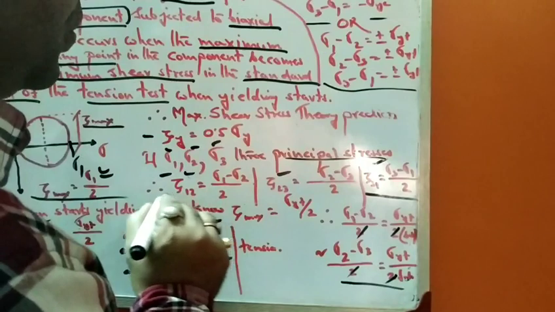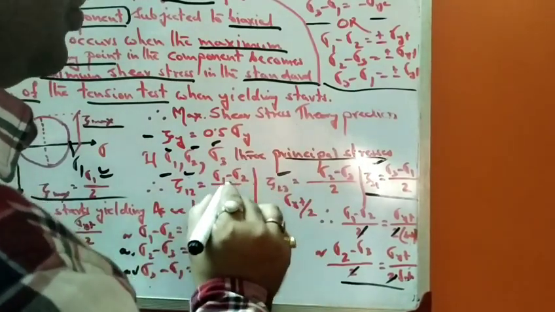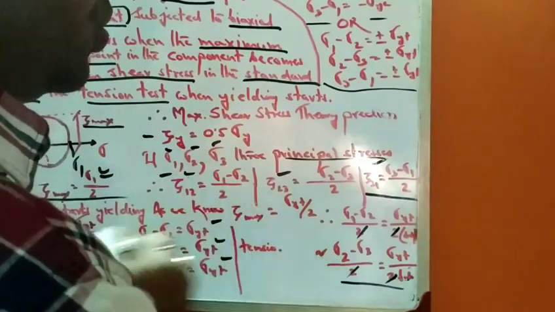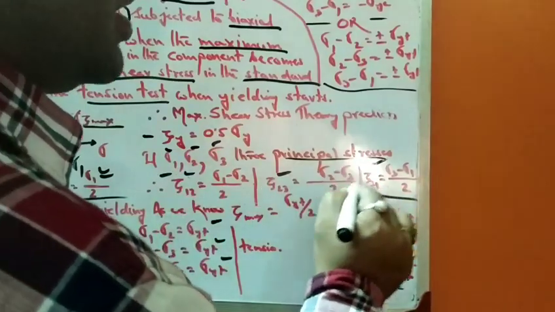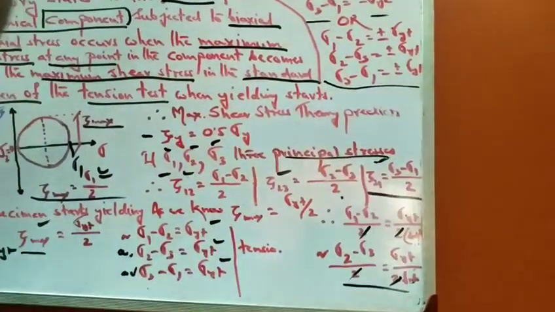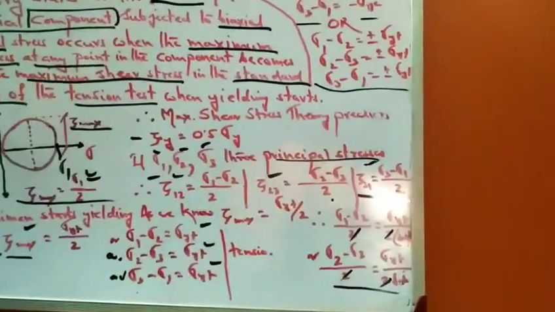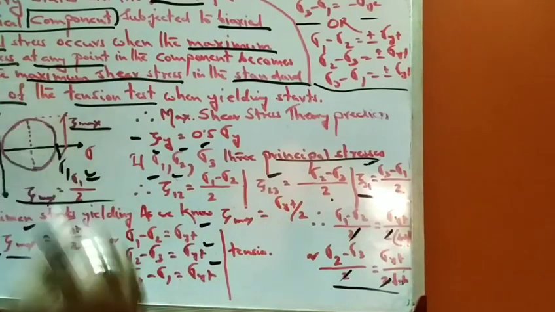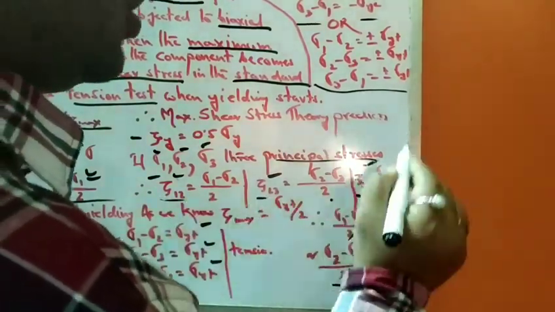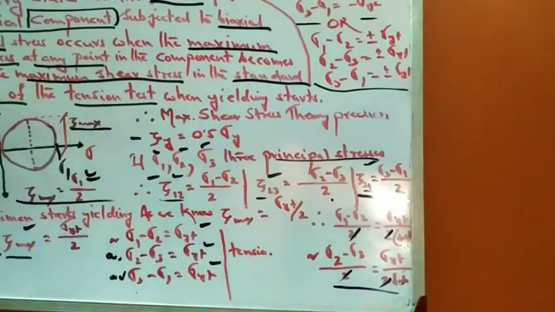Tau 12, the shear stress considering sigma 1 and sigma 2, becomes sigma 1 minus sigma 2 by 2, tau 23 becomes sigma 2 minus sigma 3 by 2, and tau 31 becomes sigma 3 minus sigma 1 by 2. We don't know which shear stress, tau 12, tau 23 or tau 31, is the maximum.